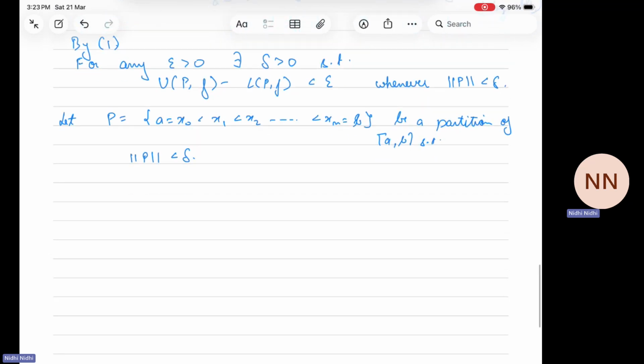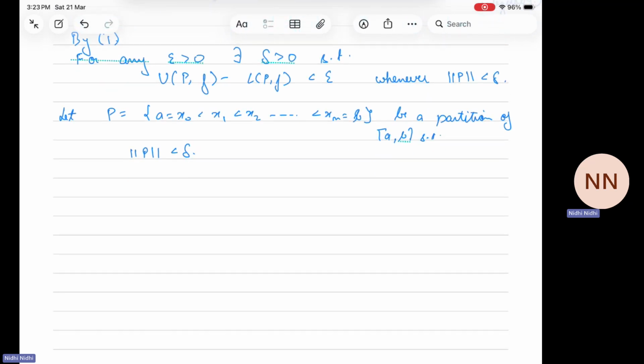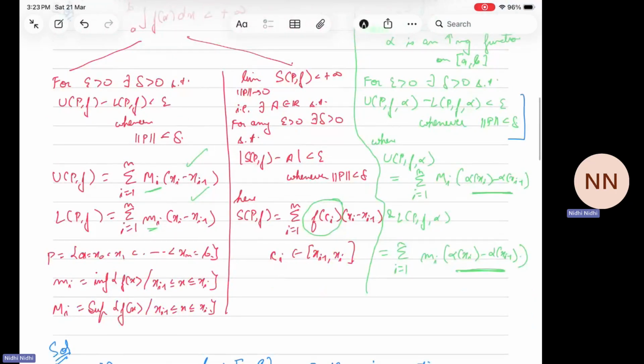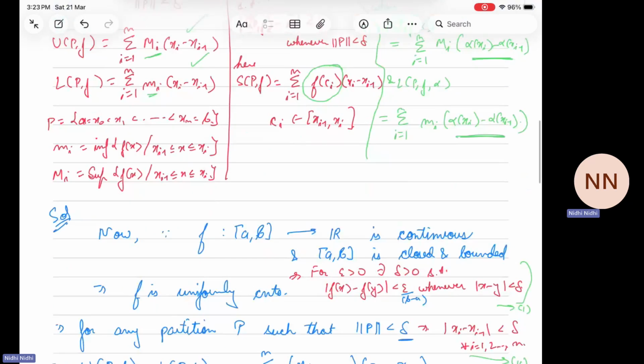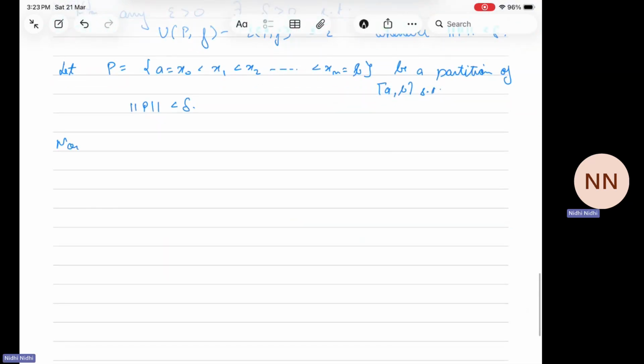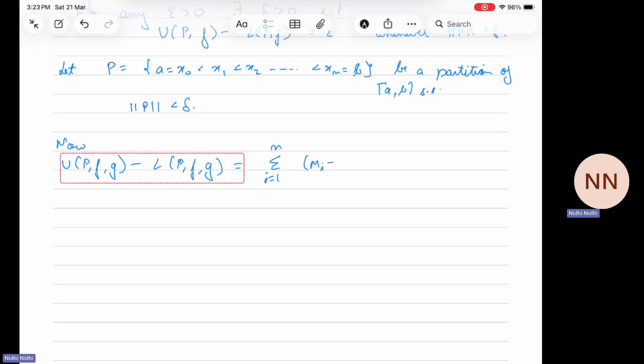Now let's see our UPF of g minus LPF of g. That's what we need to show now. We need to show that this UPF of g minus LPF of g is less than epsilon whenever norm P is less than delta. So now, UPF of g minus LPF of g, by definition this is summation i from 1 to n, Mi minus mi, times g(xi) minus g(xi minus 1).